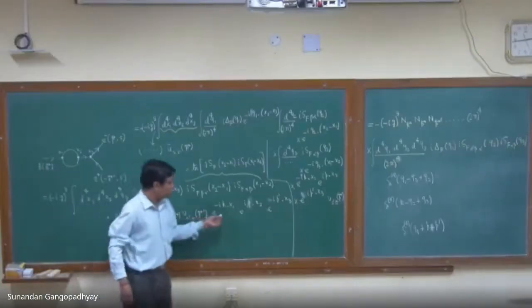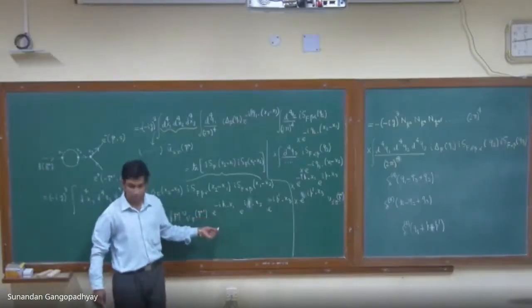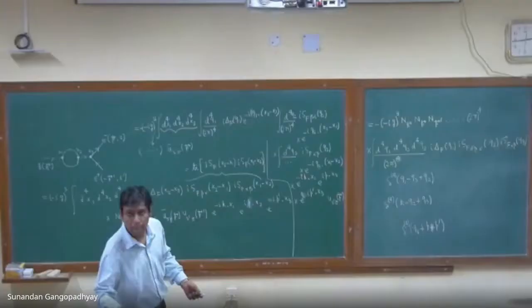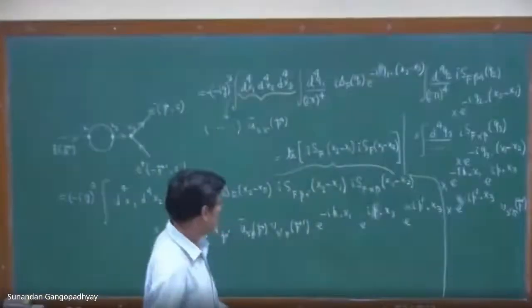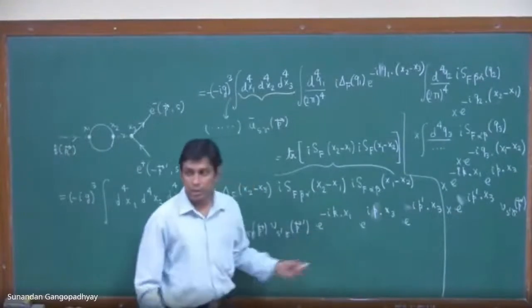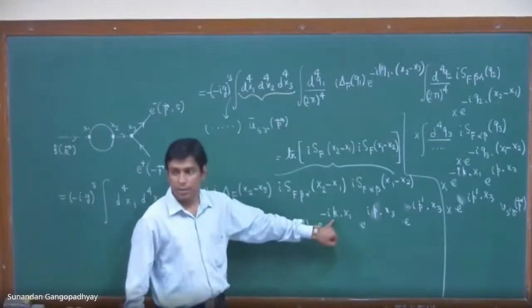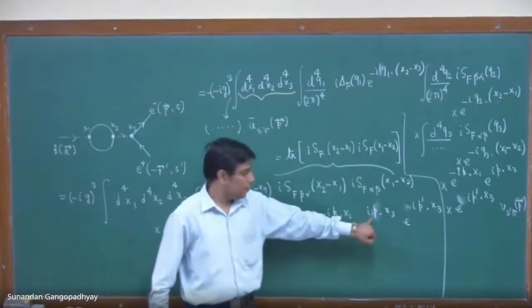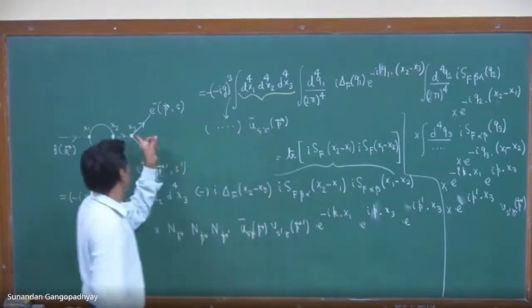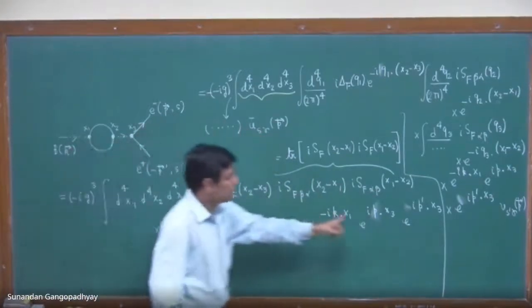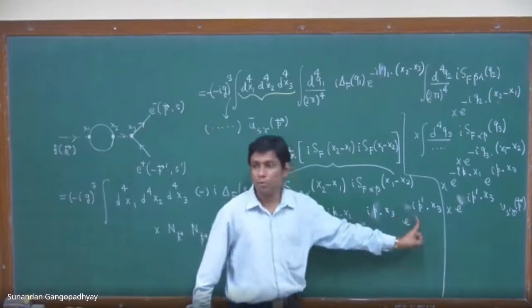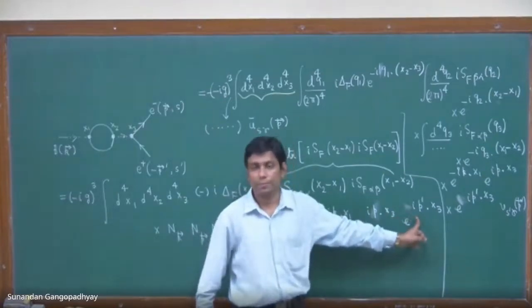Sir, can you repeat that last part? Yeah, just look at this part of the board. Okay, sir. Let me zoom it so you can see it more clearly. This is minus. This one will be plus. For this it is plus. I wrote this one to be minus, but this will be a plus.